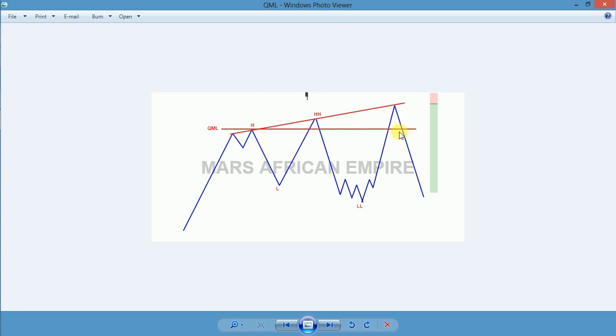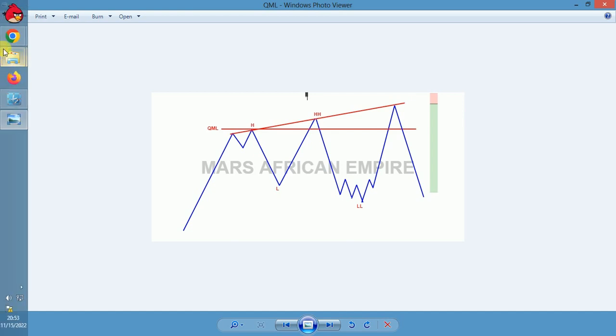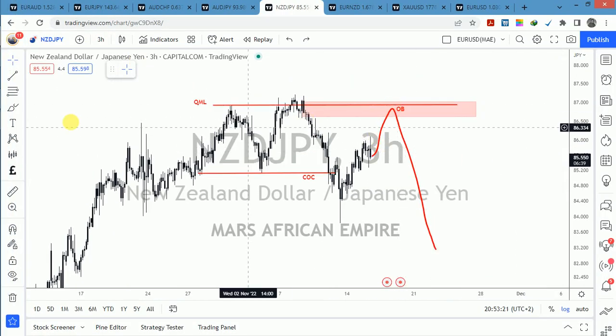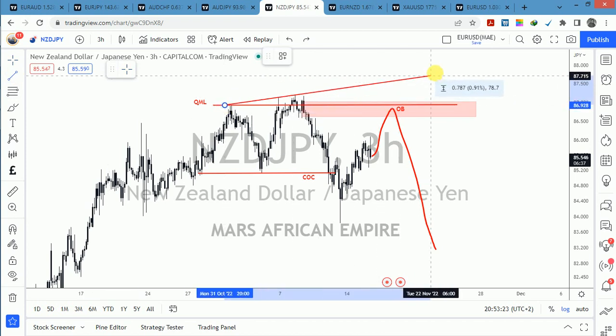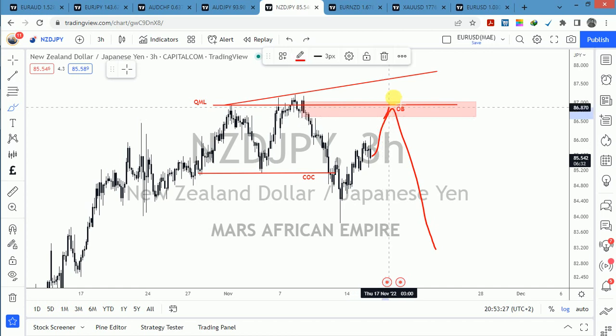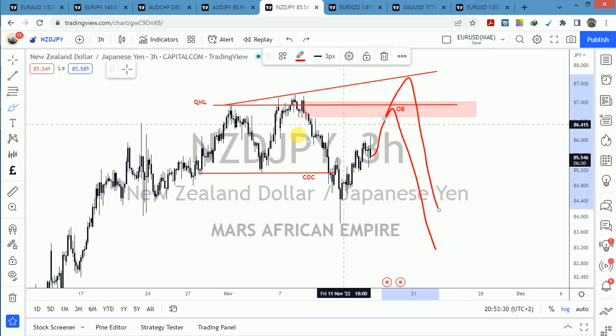If it fails to use the QML, then we are certainly going to use a trend line above, which is formed by connecting those resistances. So if it fails to use this QML, then I'll be hoping to get the pair to that point along the zone and then sell it from there.